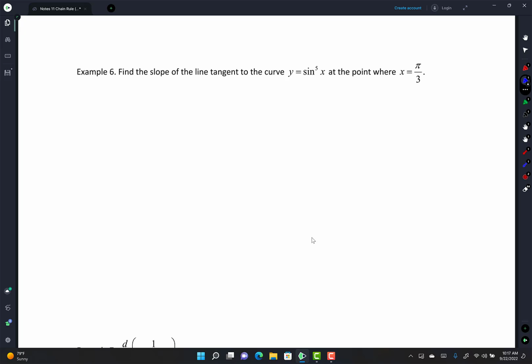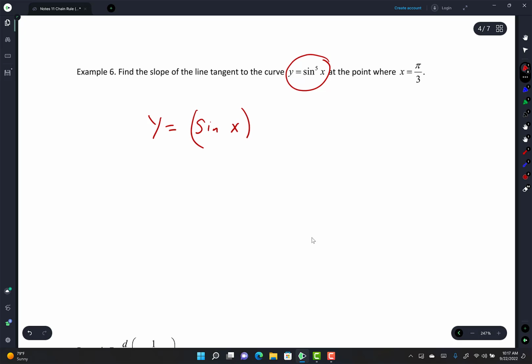I think by now we've done enough that we know that to find a slope, you have to take a derivative. Now, for now, because we're rookies, I want to see as soon as you see one of these, everyone rewriting it as sine x to the 5th power like that. Once you become pro, once you become beast, you can start writing the power after the x. So in this case, what is inside?